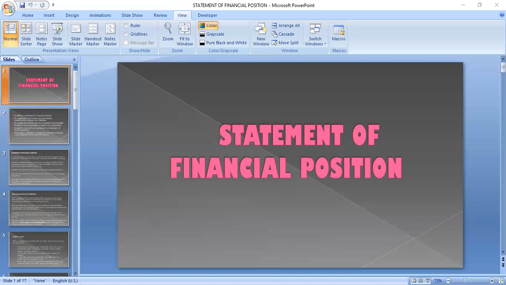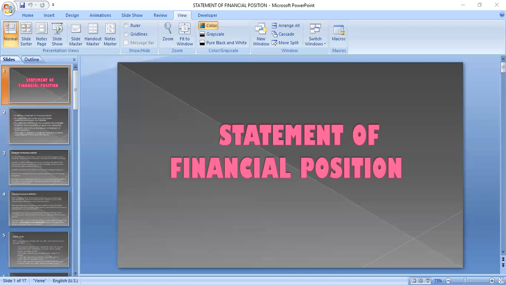Now, the IAS that we used to call before, the International Accounting Standard, is presently known as the International Financial Reporting Standard. So you take note of that.